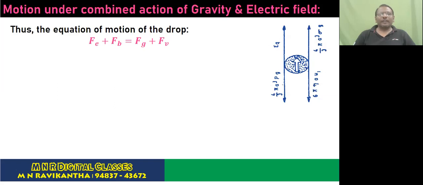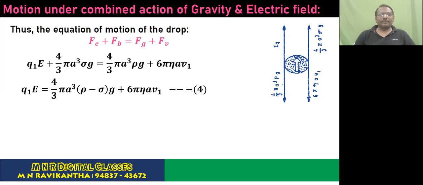The upward forces are Coulomb's force and the buoyant force, which is equal to the gravitational force and the viscous force. Substituting the values, Q1E plus 4 by 3 pi A cube sigma g is equal to 4 by 3 pi A cube rho g plus 6 pi eta A V1. Now the terminal velocity in this case is V1.